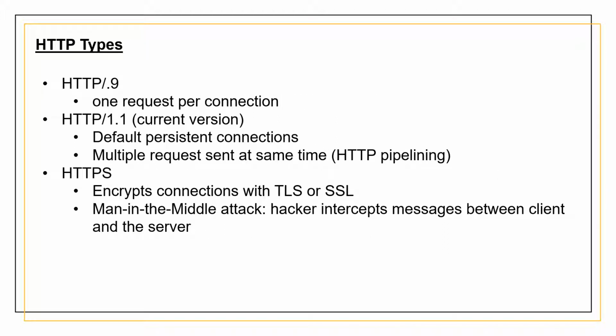Now that we have an idea of how HTTP works, let's move on to the different types of HTTP. First up, we have HTTP/0.9. This was the most simple, basic, the first version that came out, and it was one request per connection. So every time you connected to a web server, you were only allowed to send one request.